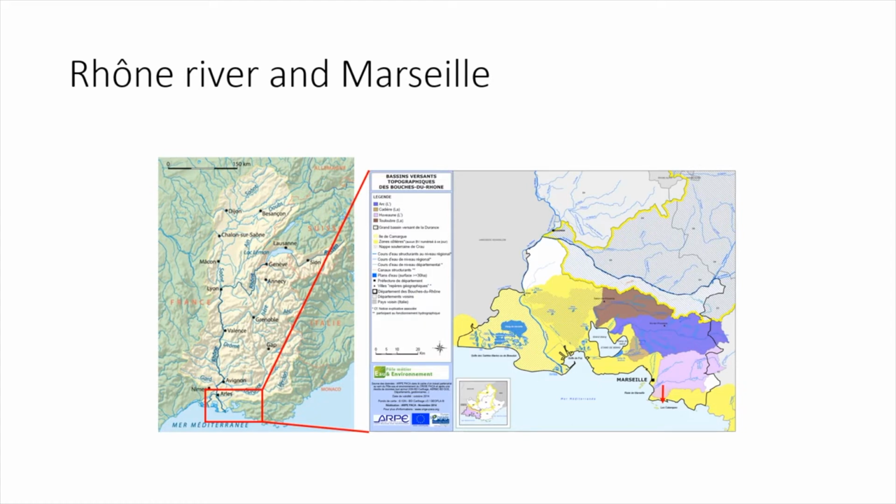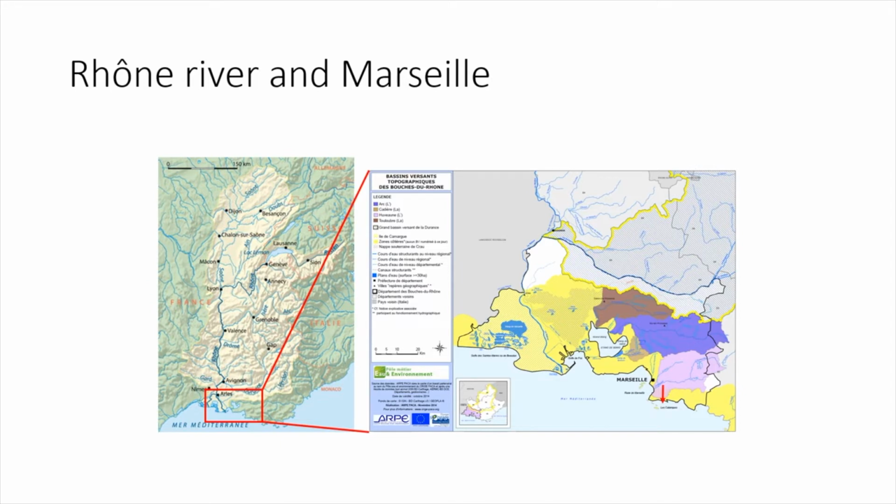The Rhône drainage area encompasses other climatic regions like the Alps or the continental region of Burgundy, having a higher rainfall than the Mediterranean climate, which is characterized by a negative hydrological balance, meaning that evaporation is higher than rainfall.